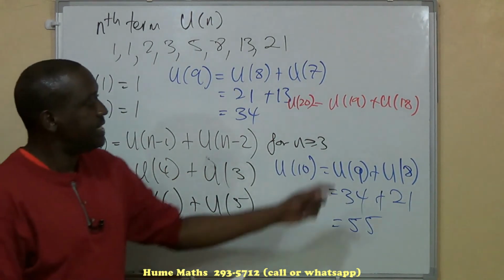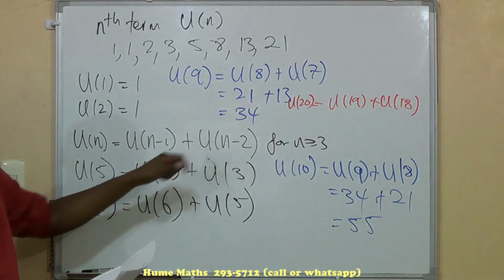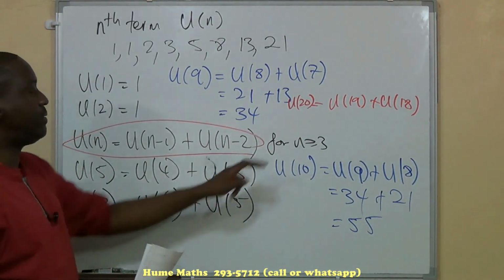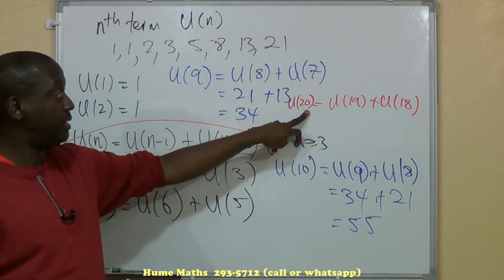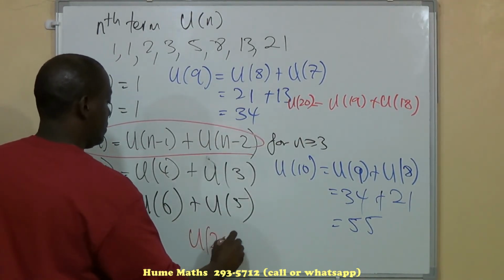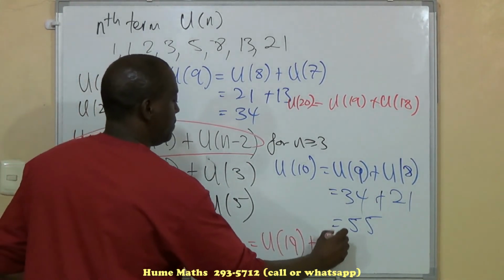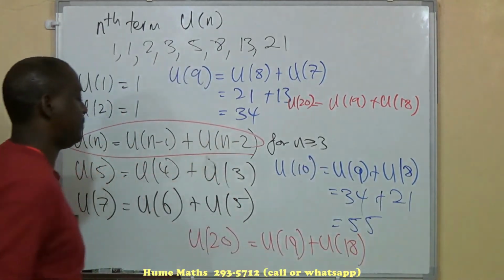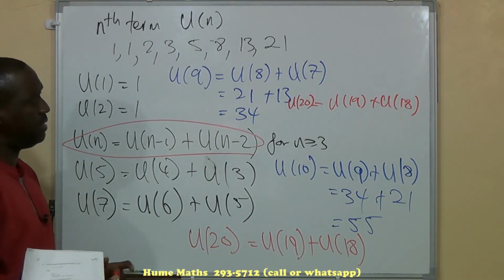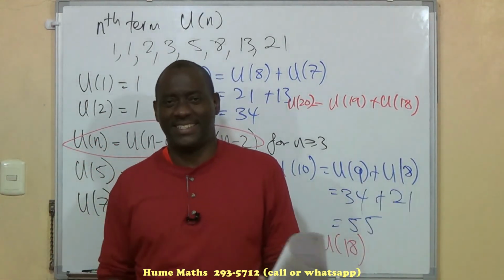So in other words, the sum of U18 and U19 based on this pattern here, right, is equal to U20. So let's write it out here just for clarification. U20 will be equal to U19 plus U18. Alright? So this is what I like to call a nice question.